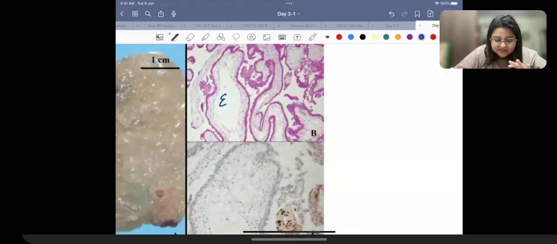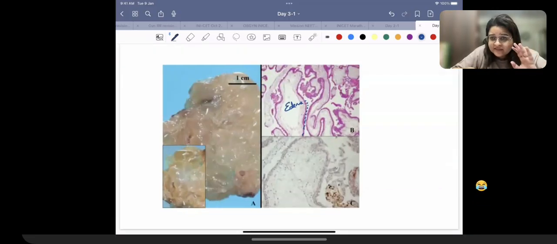This empty space is the villus edema, and these pink cells all around are the trophoblastic proliferation. Even if I wake you up at night and ask what is in molar pregnancy, you should be able to tell me trophoblastic proliferation and villus edema.